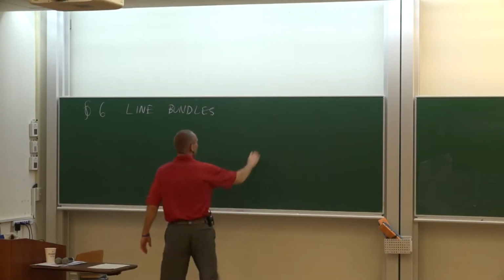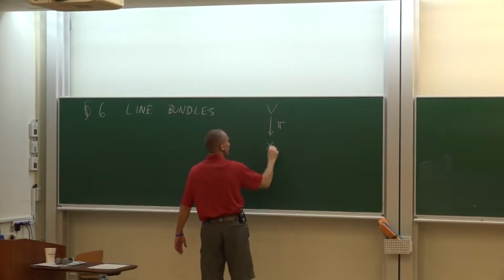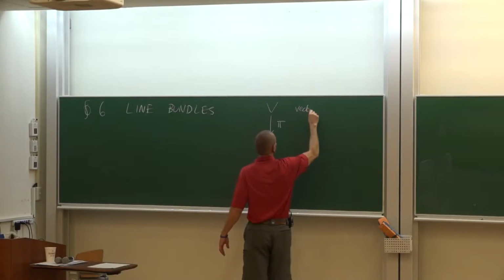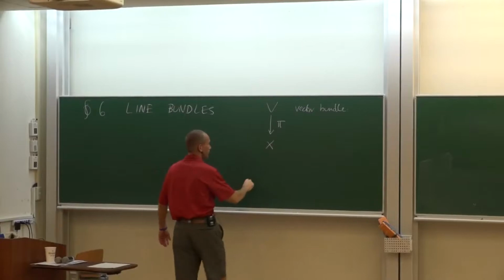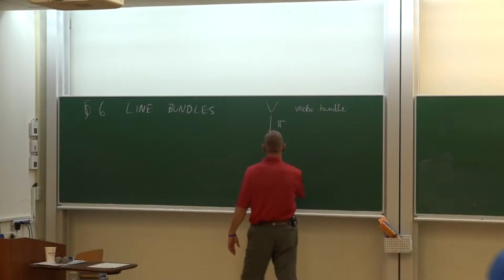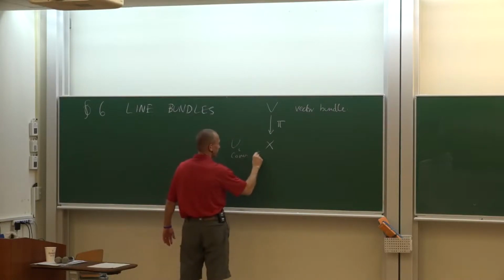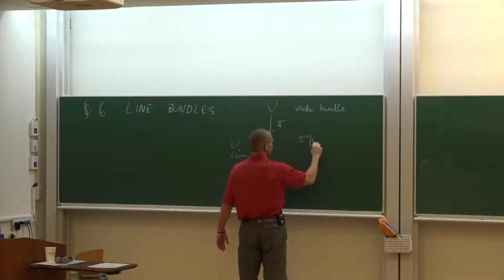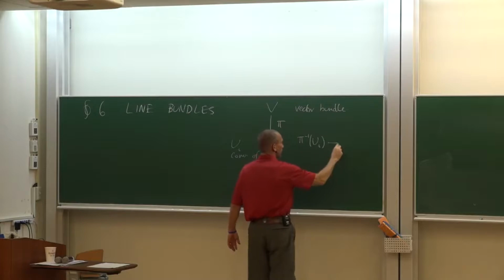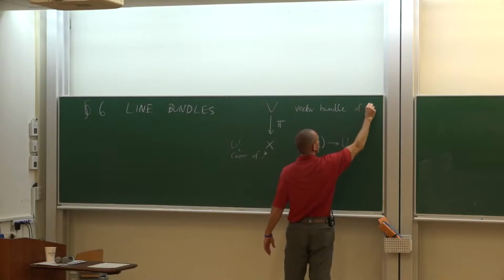So a vector bundle, so I have some V, and a map pi to X, is a vector bundle if there exists the following pieces of data. So we have explicit maps from a cover, say U_i, a cover of X, and then we have maps from pi inverse of U_i to U_i cross C^r, for a vector bundle of rank r.